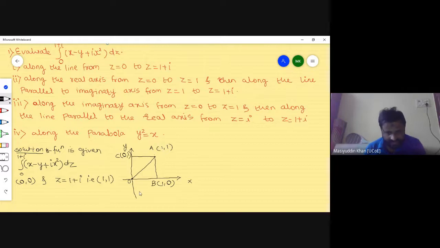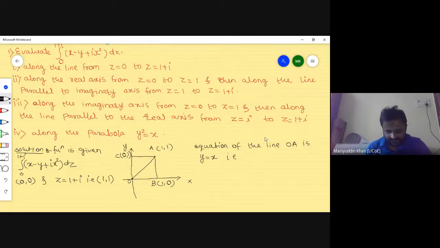The equation of the line OA is y equal to x. I hope things are clear, because when the point is 1, 1, it is clearly a straight line passing through the origin.